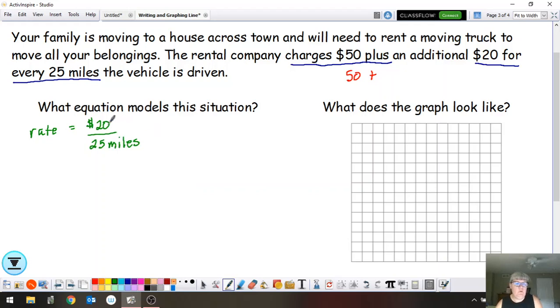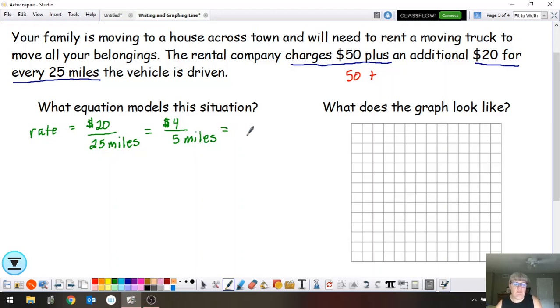And I'm going to simplify this because I know that 5 goes into both of those, so I can simplify that fraction down to $4 for every 5 miles. And I could simplify it even further.